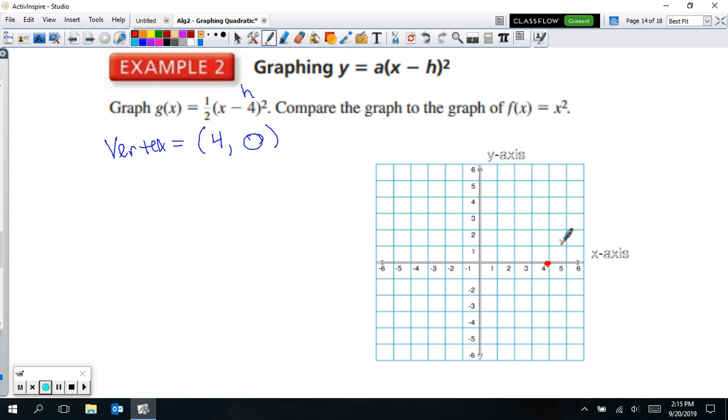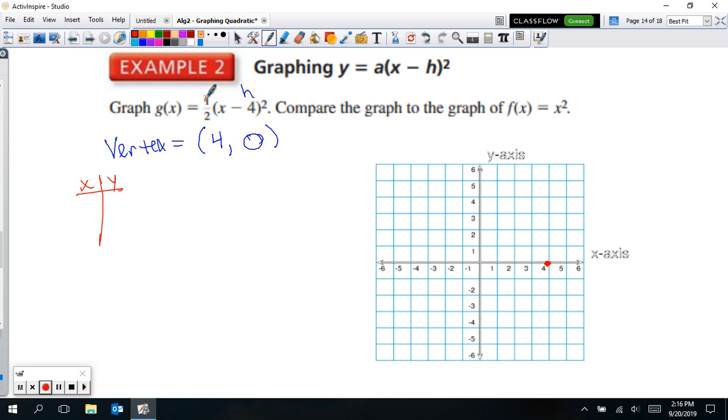Now, if we wanted to, we could do a table of values. If I wanted to pick some numbers for the table of values, you need to be smart about the numbers you pick sometimes. Not all numbers are great numbers to plug in. If I picked 1, that's not a great number to pick.